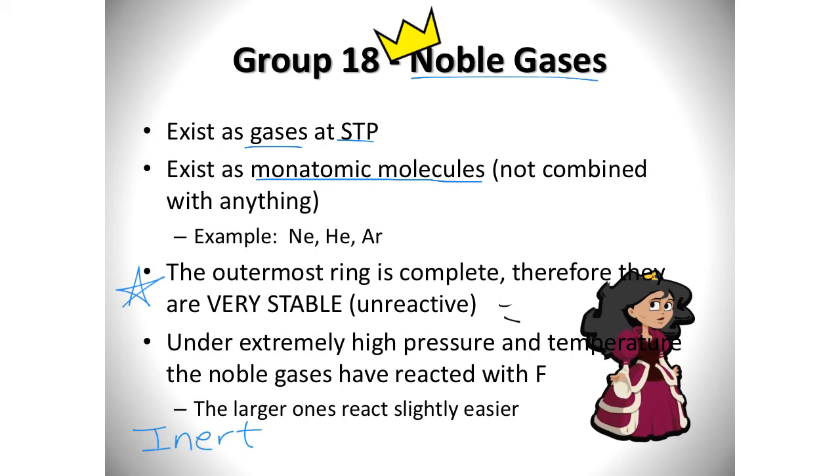But anyways, once they did react, they had to change their name from inert, because inert meant unreactive, to the noble gases. And they are still pretty much unreactive because they do not readily react because they are stable, but can be forced to react under extreme conditions.